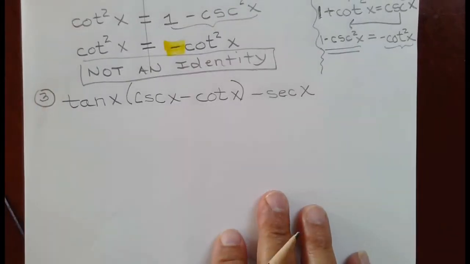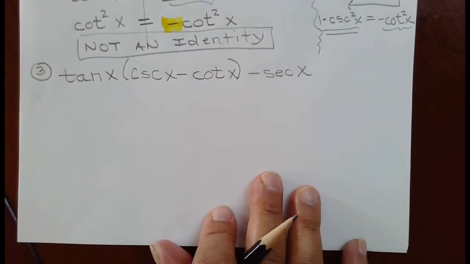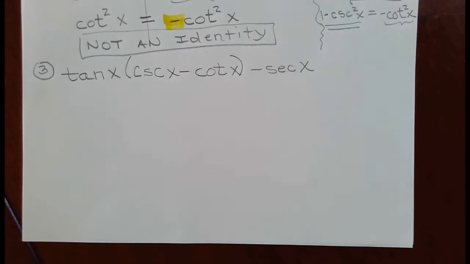Problem number 3 just says simplify the expression. So again, there is more than one way to do these problems, but typically that's one of the first things I always try. And if I see that it's not working, I just scrap that effort and try it a different way.